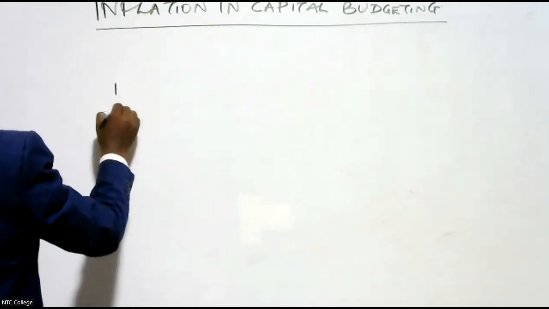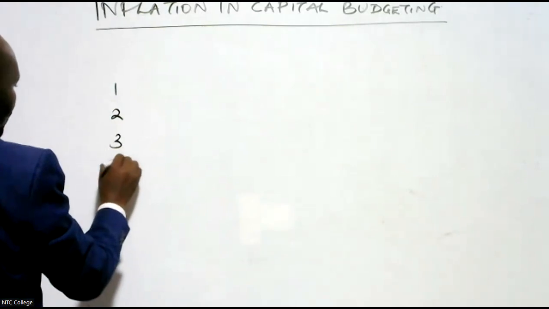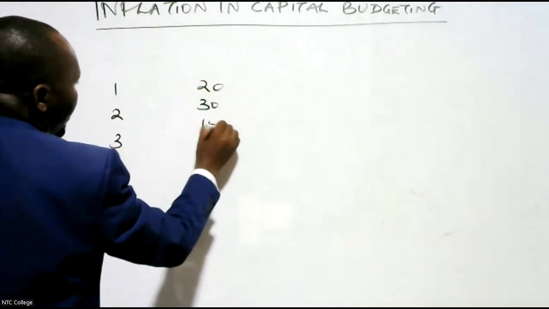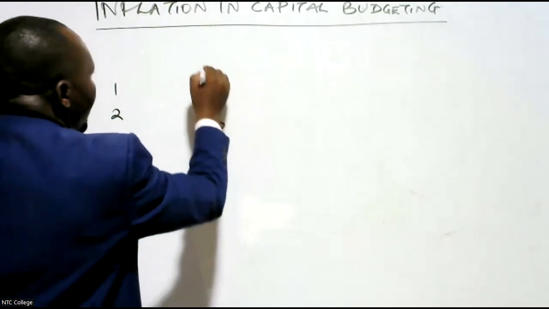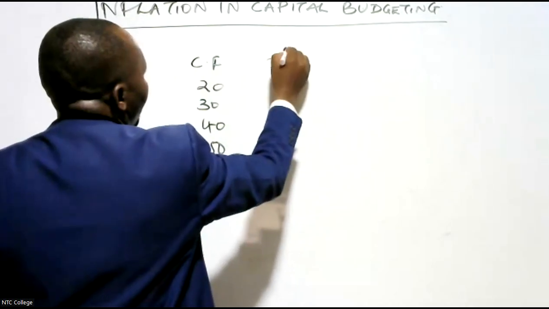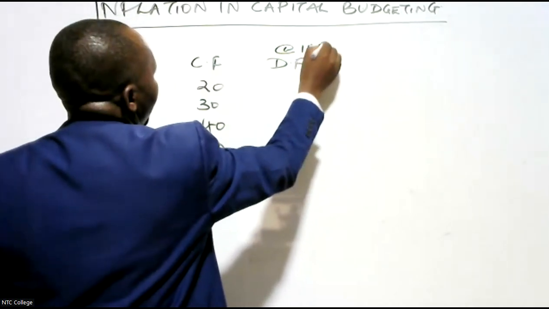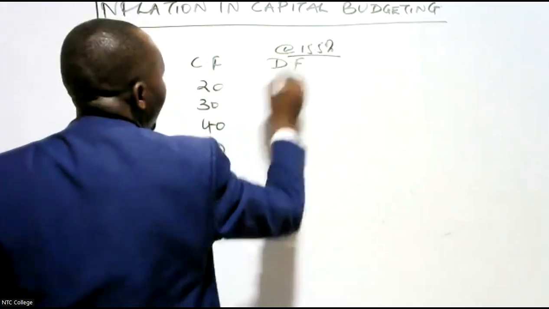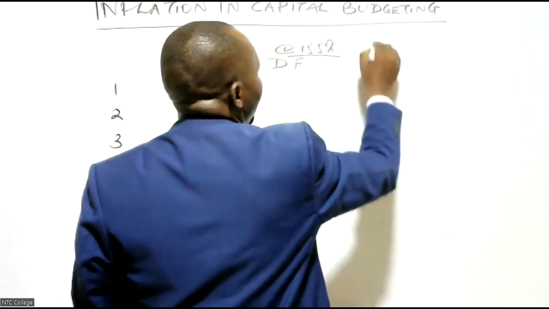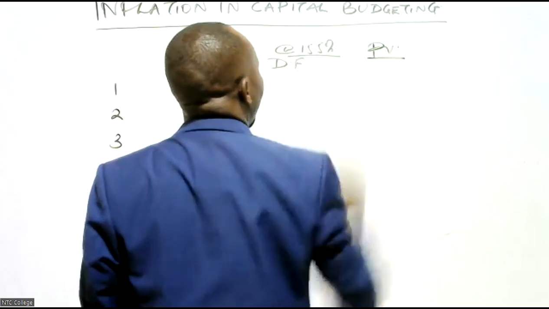So we have time 1, 2, 3, 4. We have 20, 30, 40, 50. That is the cash flow. Then now we have discounting factor at 15.5%, right? Then now we have NPV, we have PV, present value, there.